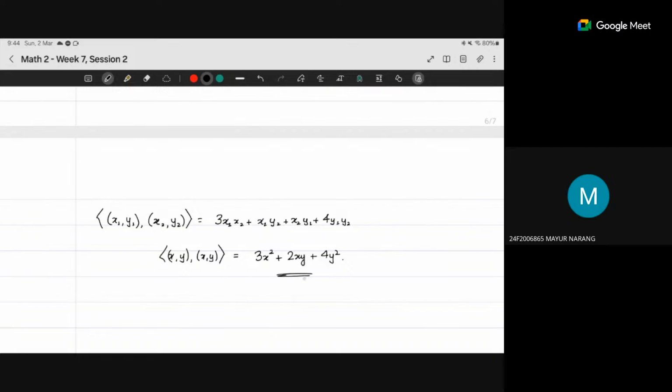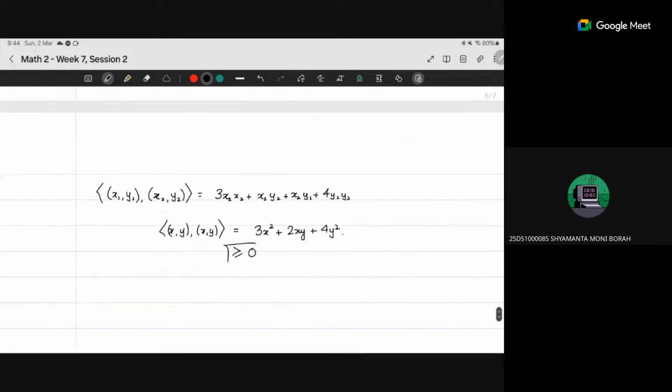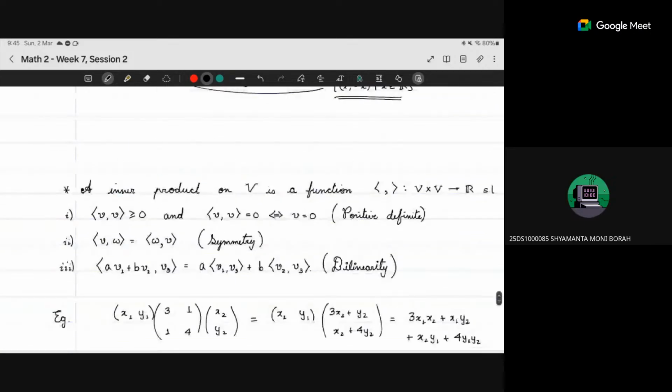You can do some manipulation and check that this is actually always positive. It is not immediately obvious. You'll have to do some completing the square and then check what comes of that. You need that this is greater than or equal to 0 for it to be an inner product. We are trying to show that this is an inner product, and I'm telling you what conditions you need to check: that this is greater than or equal to 0, and it is 0 only when x equals y equals 0. That is your first condition, positive definiteness.